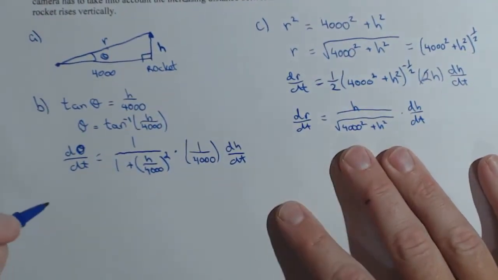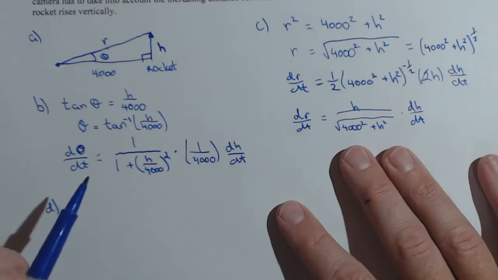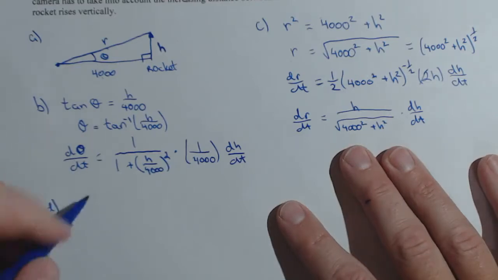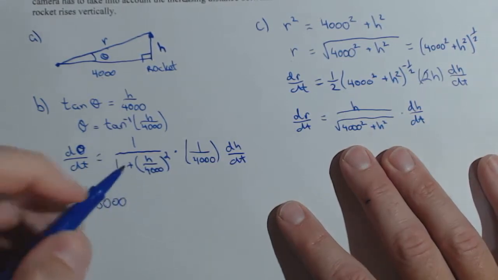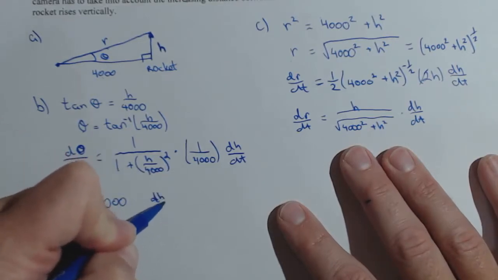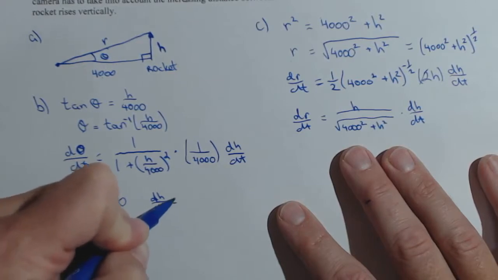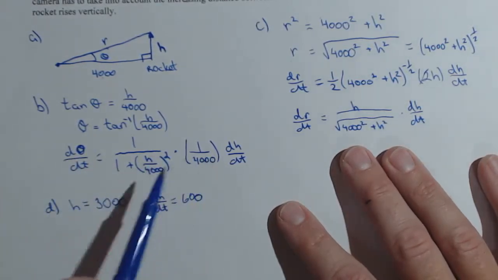So part D says, how fast do we need this angle of elevation changing at the moment that the rocket is 3,000 feet in the air? So that means we're looking for d theta/dt when h equals 3,000 feet, and it says to assume that the rocket is going up at a constant rate of 600 feet per second. We have our formula.